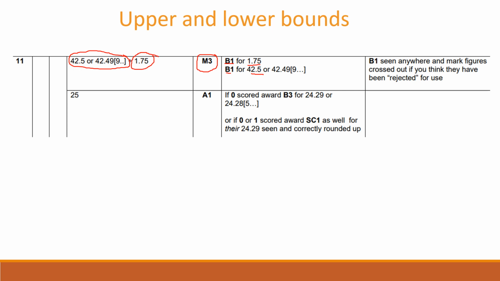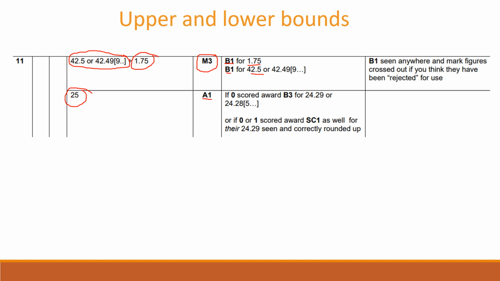But for ease, I'd always recommend you use 42.5. So 42.5 divided by 1.75, when we round that, gives me the 25, which gives me my final answer mark, making the 4 marks the question is out of in total.